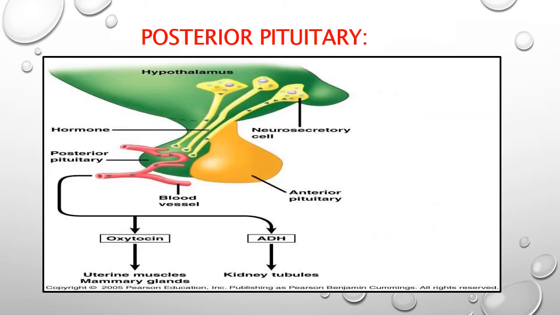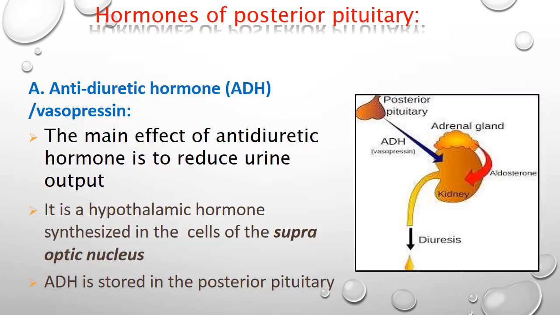Now we will see the posterior pituitary part. It secretes two hormones, that is oxytocin and ADH or vasopressin, that is the antidiuretic hormone. Now the hormones of the posterior pituitary gland, first the antidiuretic hormone, or we can say ADH or vasopressin.